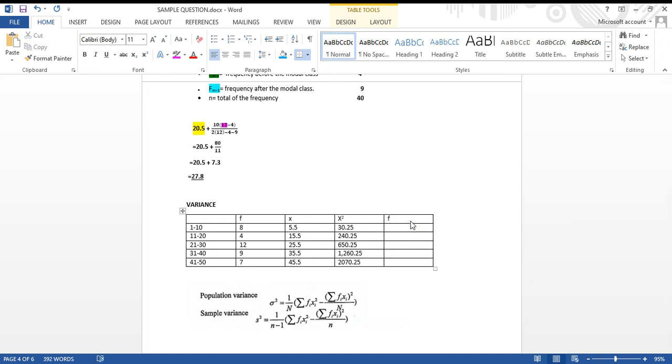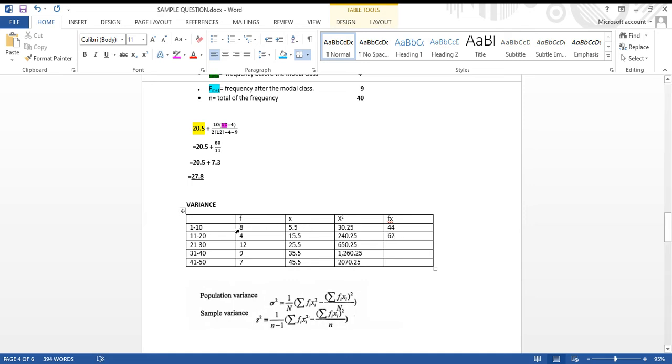After we do that, we're going to multiply our frequency times our midpoint, that's f times x, fx. So our frequency 8 times 5.5, we get 44. 4 times 15.5, we get 62.